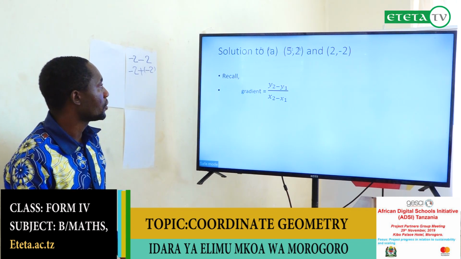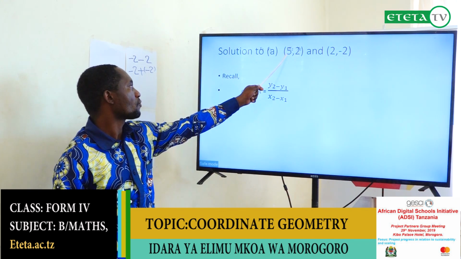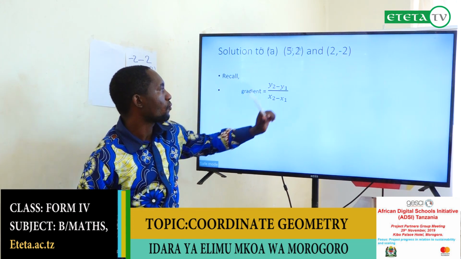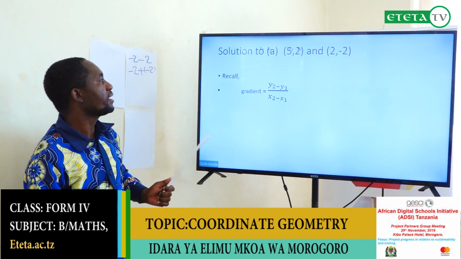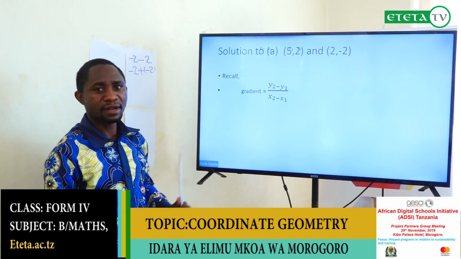But we are given our points. This is x1, y1, x2, y2. Now try to substitute those values into our formula.